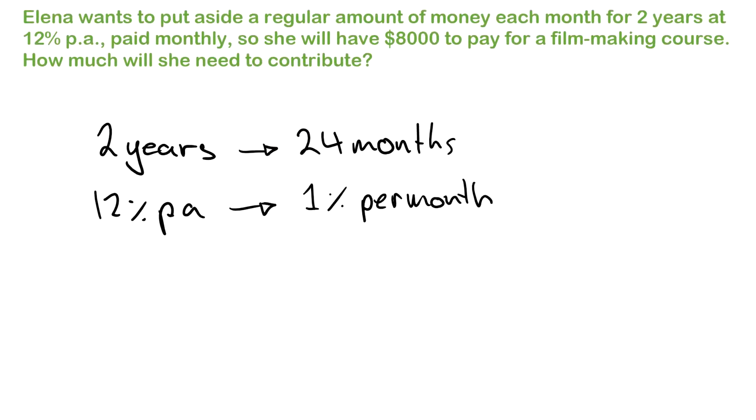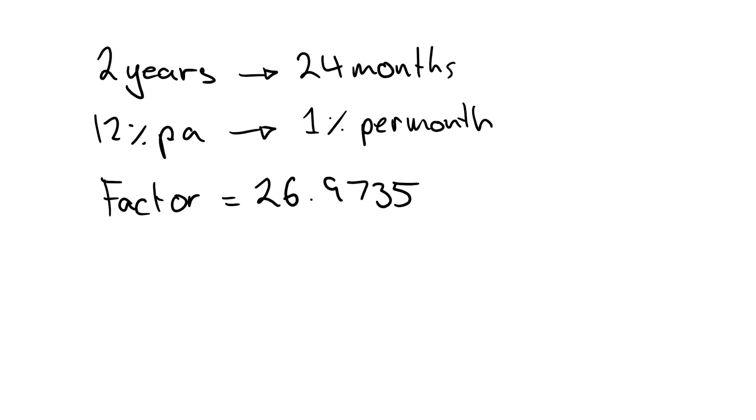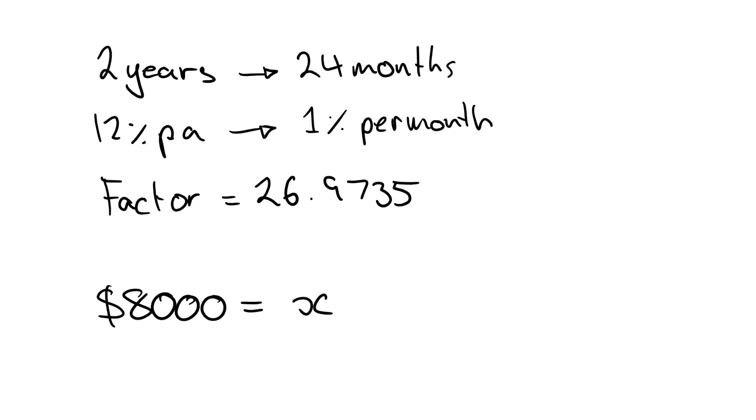This time, my factor, again, usually I would go up and use that table, but in this case I'm just going to write it down: 26.9735. Usually what we do is multiply that by our contribution. This time we're trying to find our contribution. I know I want to get to $8,000, so I have my contribution, in this case X, multiplied by our factor.